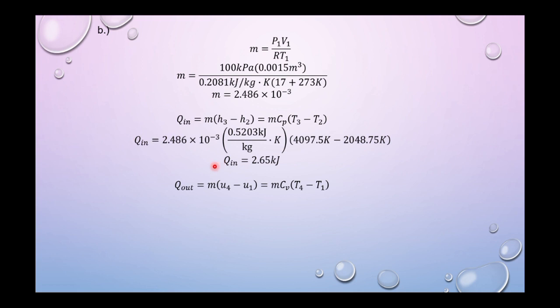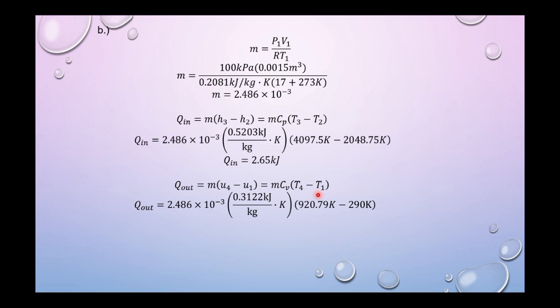Next, to find the Qout, it equals mass times the internal energy U4 minus internal energy U1, which is equal to m Cv times T4 minus T1.